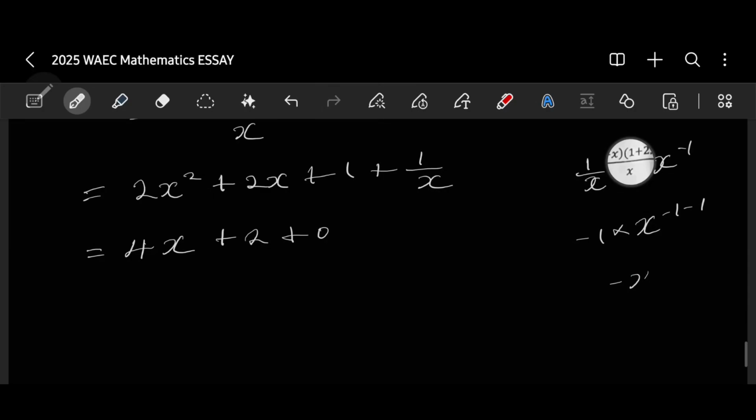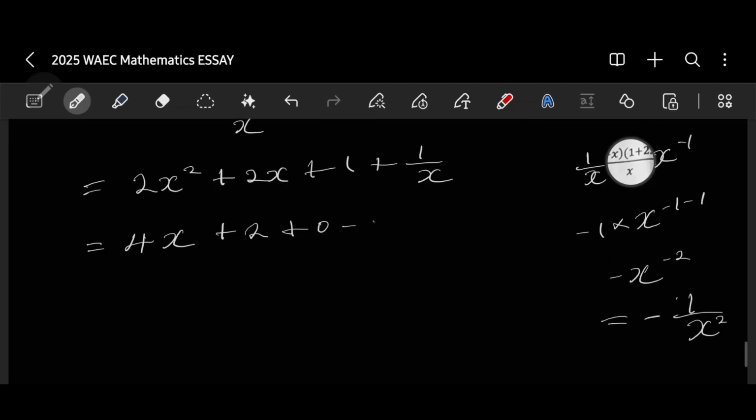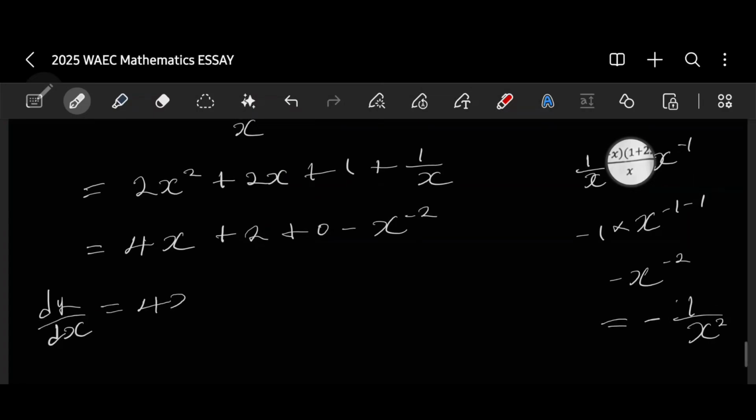So I'll be left with minus x raised to the power of minus 2, which can also be written as minus 1 over x squared. So dy/dx is equal to 4x plus 2 minus 1 over x squared.